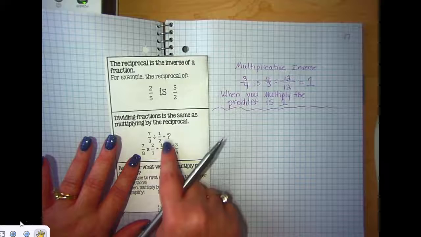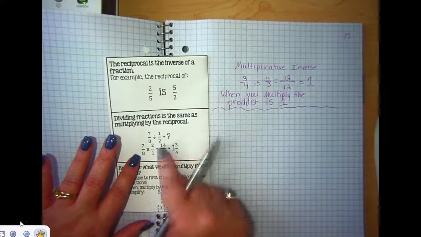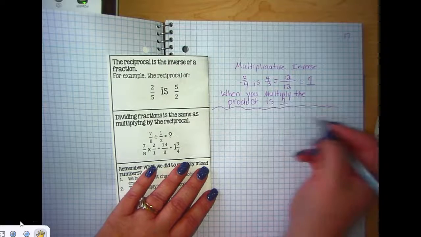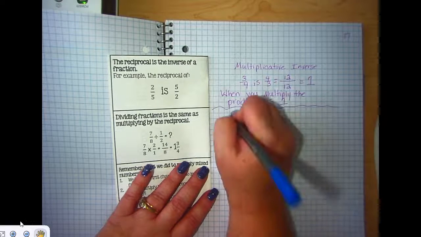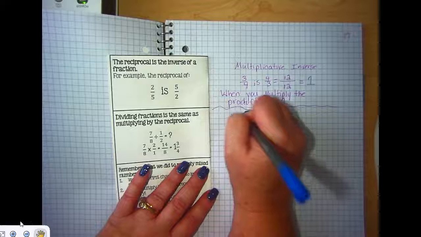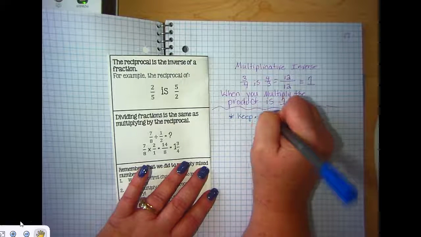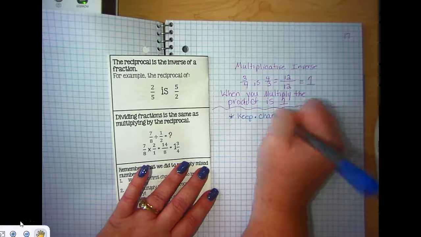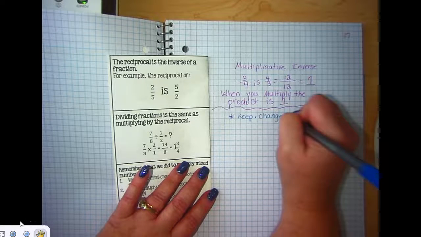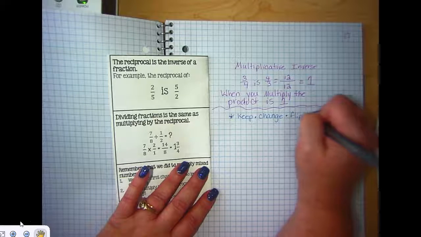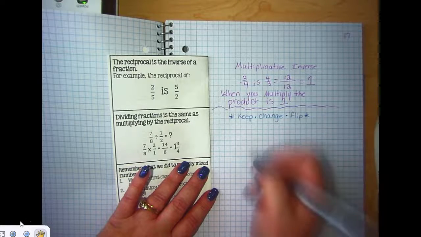The reciprocal of 1/2 is, as we looked up here, we flip it: 2/1. All right, so let's try one. You're going to keep, change the division to multiplication, and then you are going to flip. You're going to use the reciprocal, or flip that second fraction upside down.